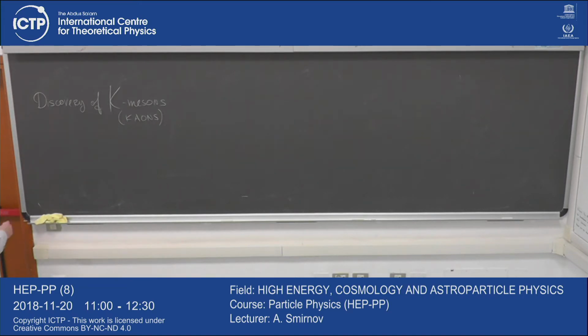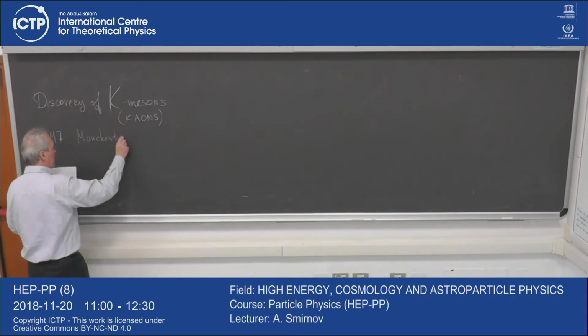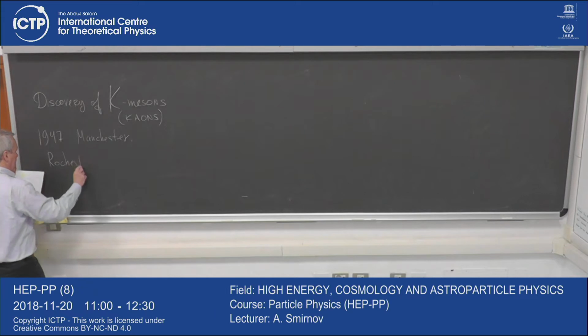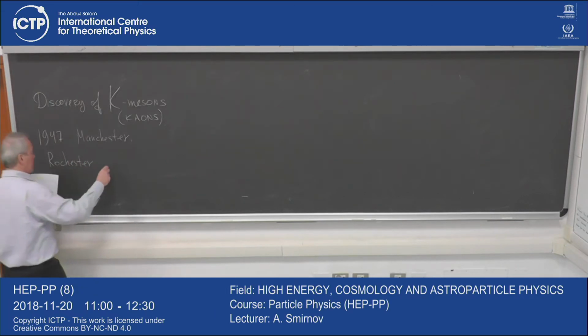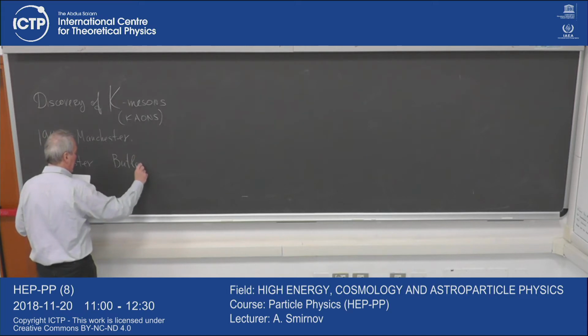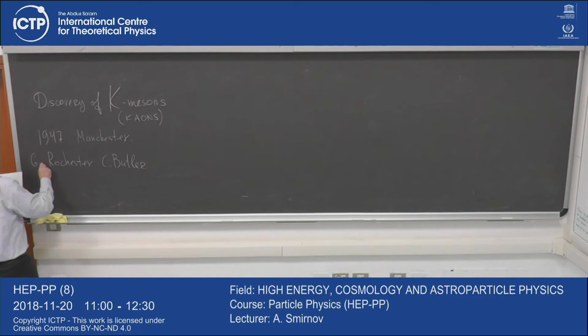So K mesons have been discovered in 1947 in Manchester, by the cosmic ray group, and the leaders were Rochester and G. Butler.